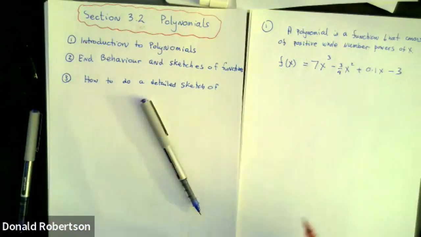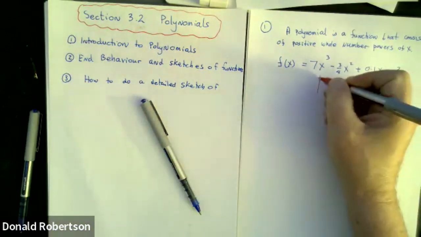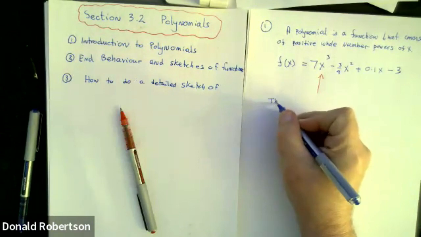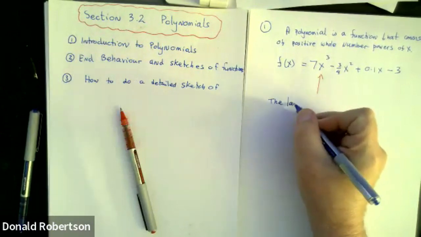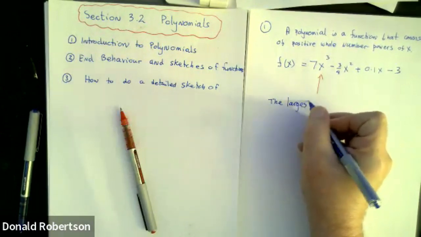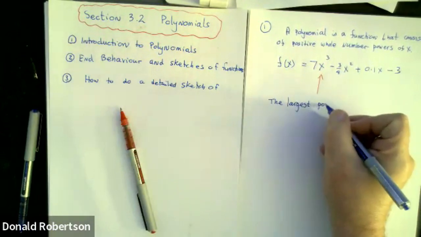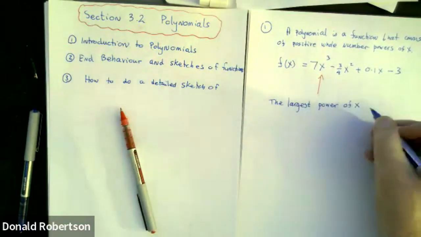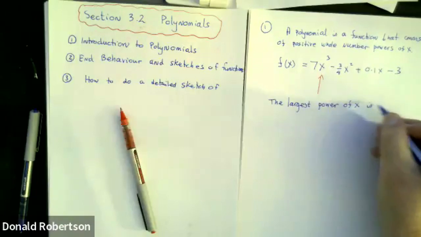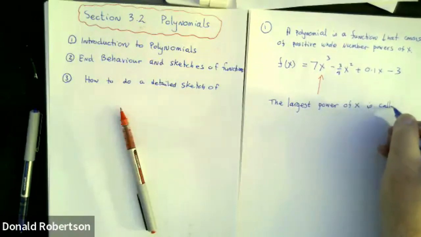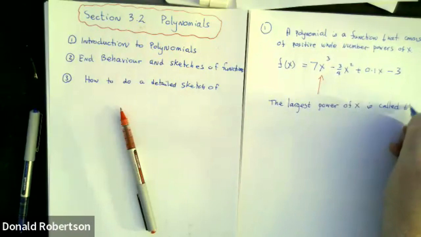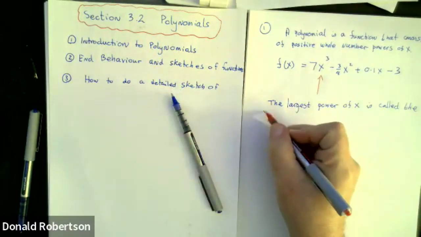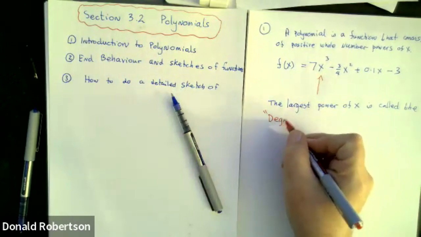So here's our first one. The largest power of x is called the degree of the polynomial.